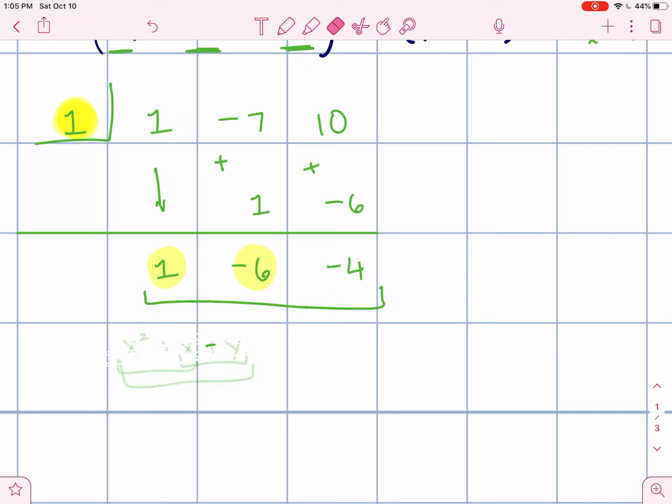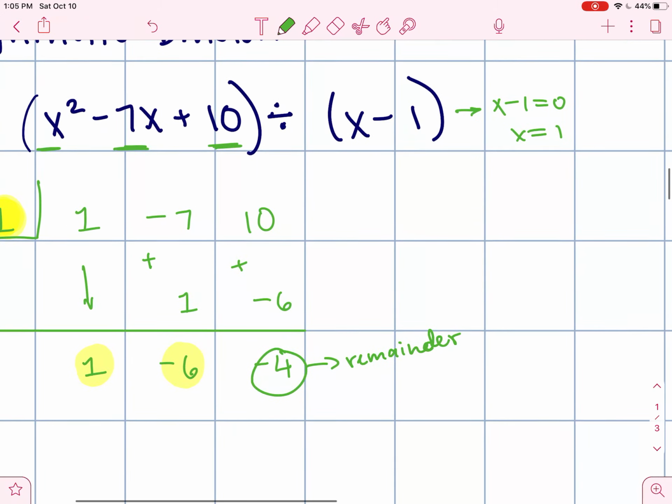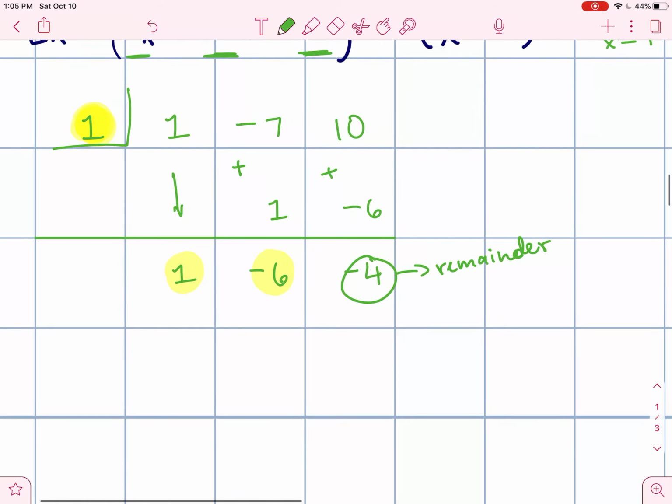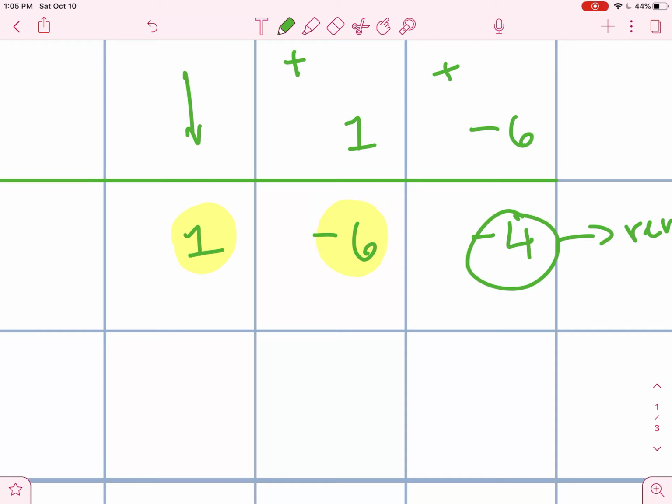If we have a number in this spot, it means that it's a remainder. So negative 4 is a remainder in this case. So we know that x minus 1 is a factor, but it has a remainder. So we're looking specifically at 1 and negative 6.